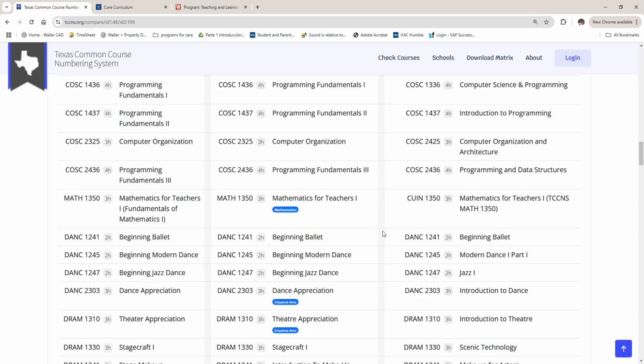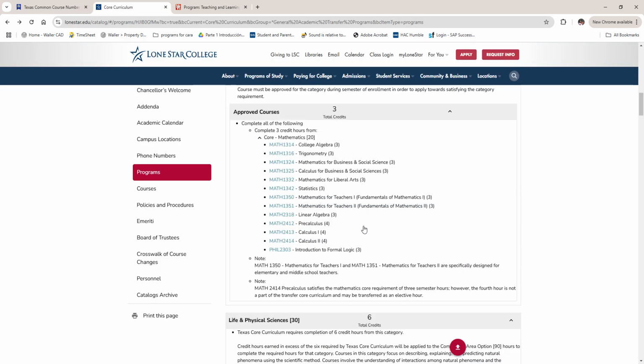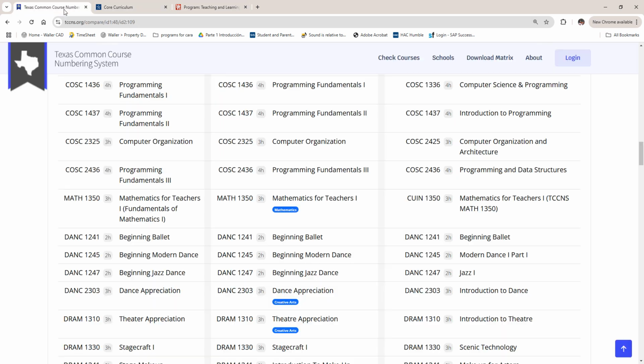It's not in the list of classes that will transfer over to the University of Houston. It doesn't mean that necessarily I can't get credit, but it does mean that there's a possibility that I won't. I could check with an advisor, but if there was another class that I could take where there was certainty amongst the common course numbering system, I'm going to opt for the class that is listed, so that we have certainty that the credit is going to transfer.